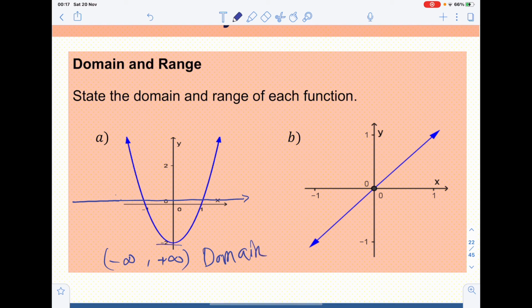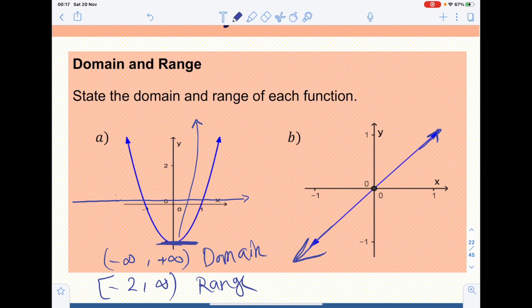And the range, we will start from this point, which is -2 included, and then we go all the way up to infinity. So this is the range. For this one, it is continuous in the x-axis and also in the y-axis, so R for the domain and also R for the range.